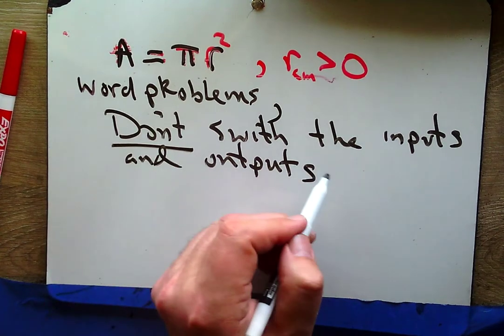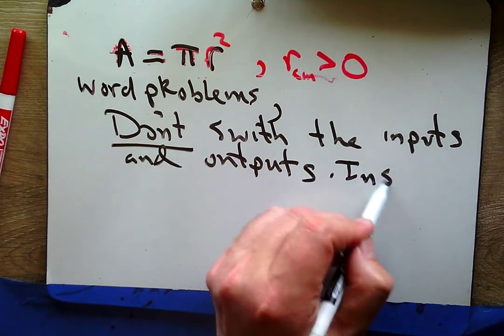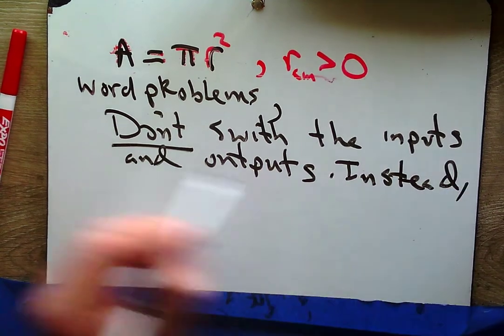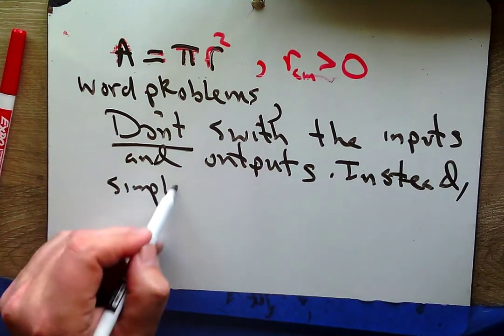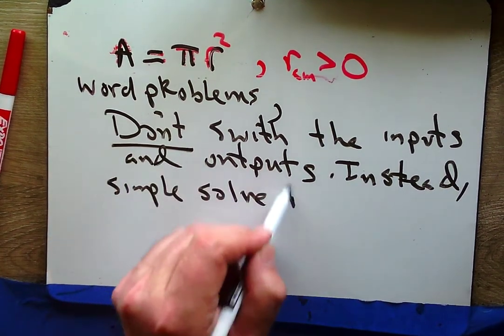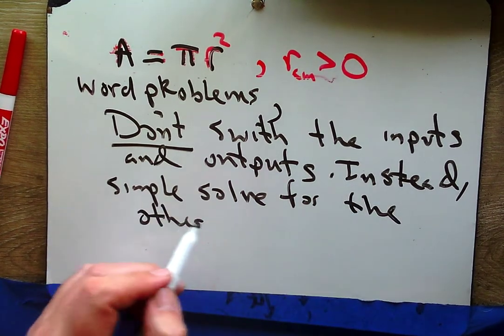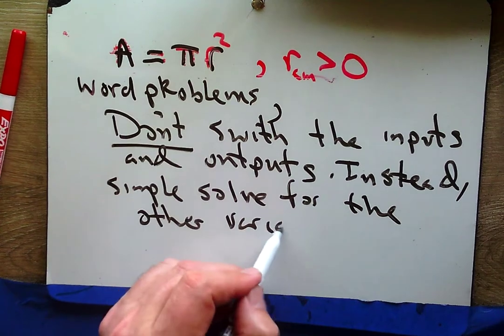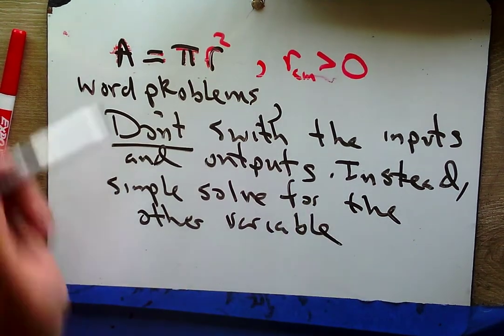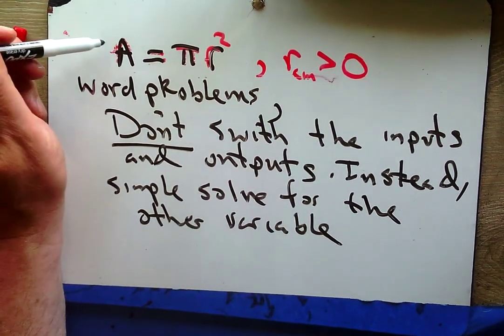Don't switch them. Instead, simply solve for the other variable. And what I mean by that is, right now this equation is solved for A.